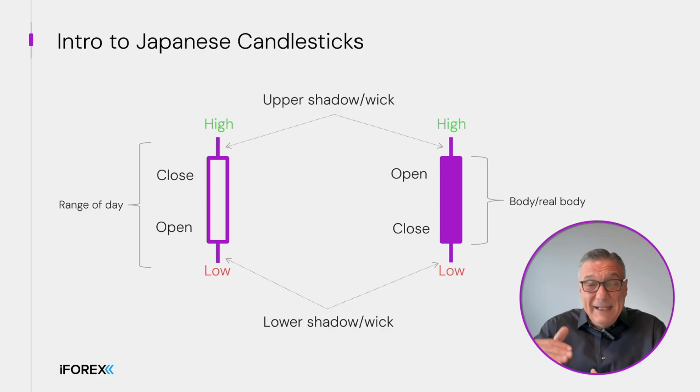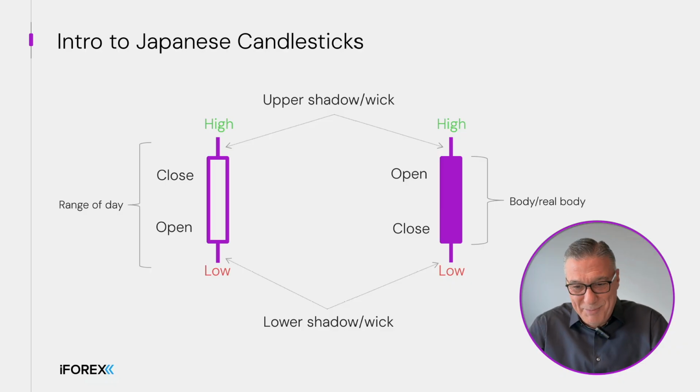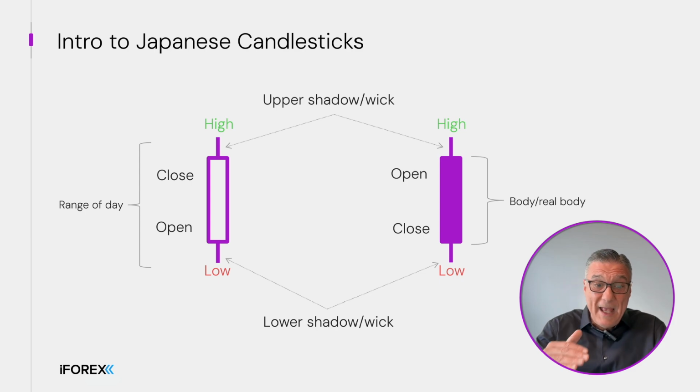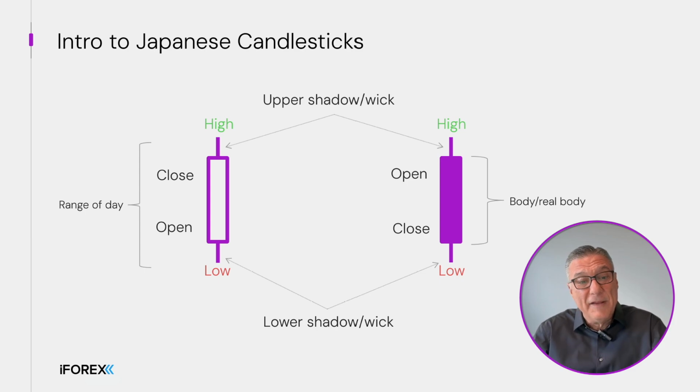Now, the relation, the distance between the open and the close price, this rectangle is called the body or real body. We can use either term interchangeably, right? Now, the distance between the high and the low price is called the range of the day. But since we have different time frames nowadays, we can call it the range of the session, right?